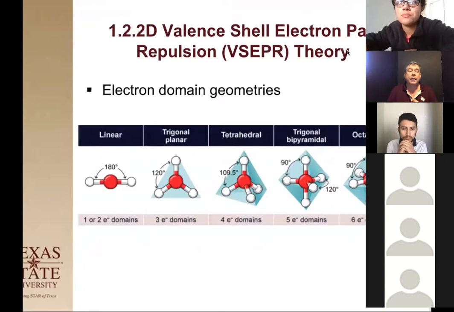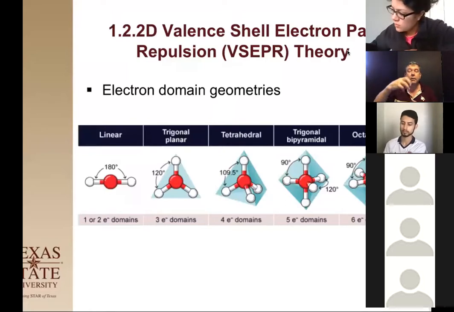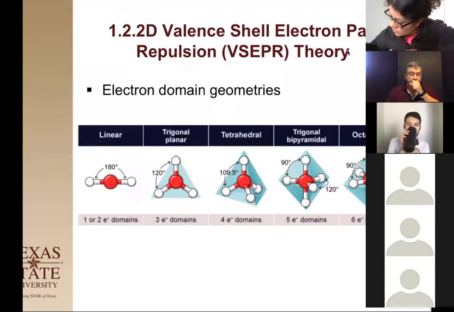So the electron domain geometry is going to look different than the molecular geometry, because in molecular geometry, there has to be an atom present. However, the fact that you have a lone pair in one of these electron domains changes the shape of the actual molecule too. So we need to pay attention to that.